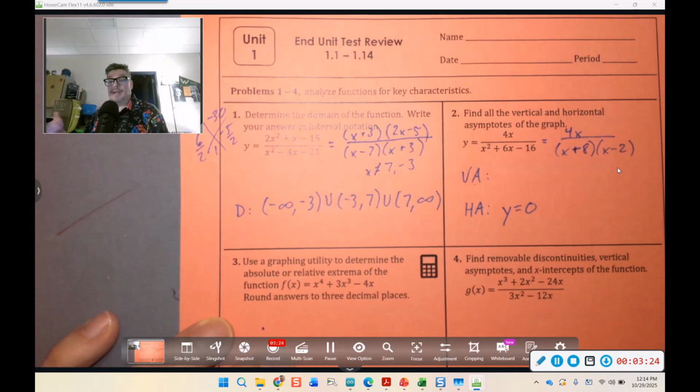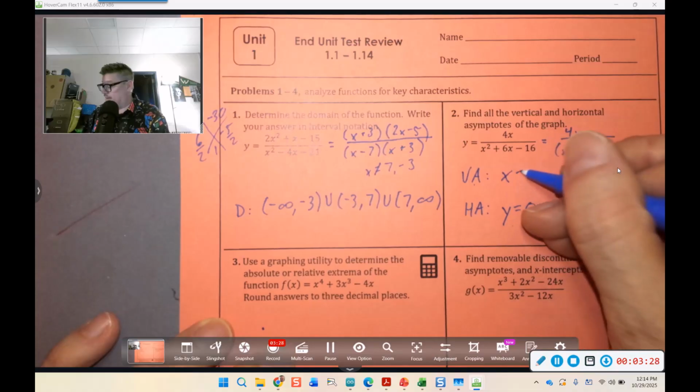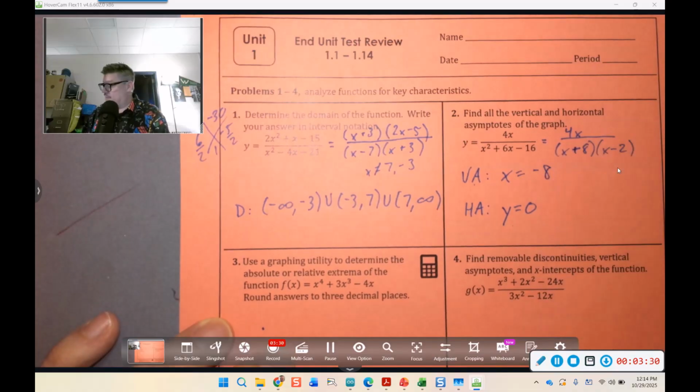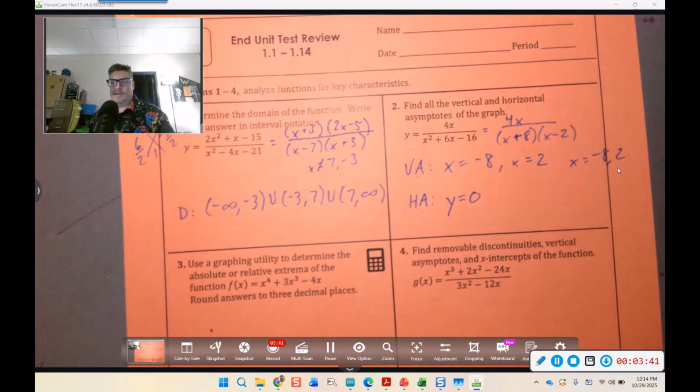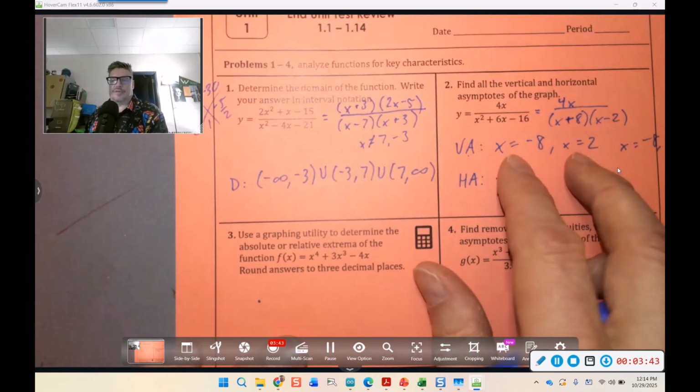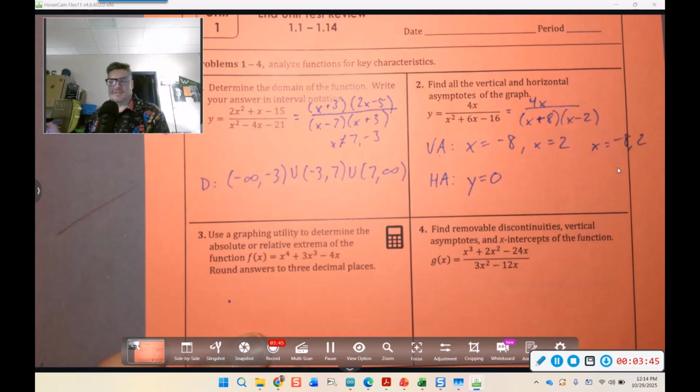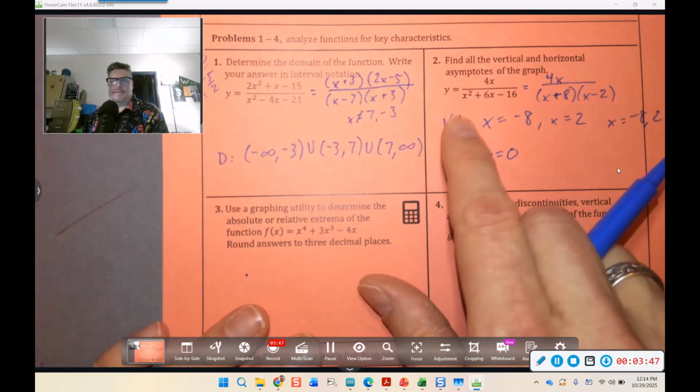Because these do not cancel out, we have a vertical asymptote at x equals negative 8 and one at x equals 2. Now you could have just put x equals negative 8, 2. That's totally sufficient. I know what you're saying, but this does say that those are equations. But then so does this. It's understood. You labeled it VA.